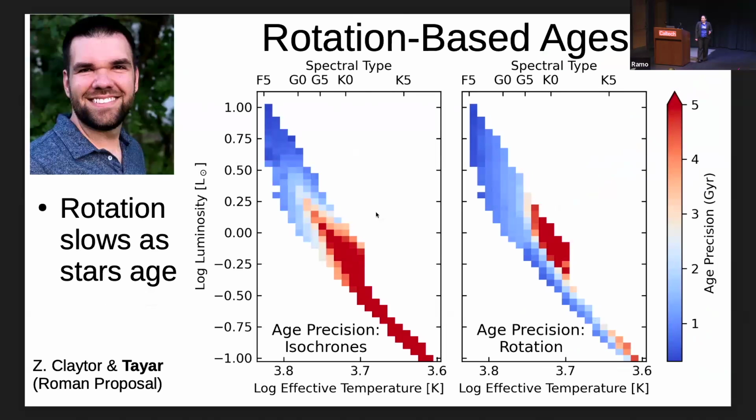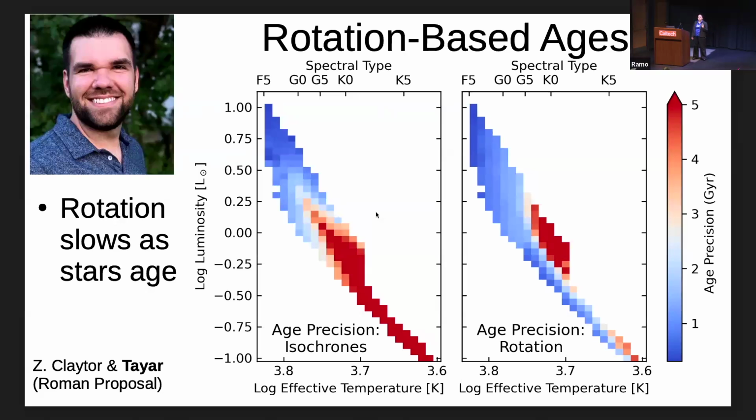Similarly, on the age side, there are also tricks you can play with the ages. We've heard a little bit about gyrochronology already and how stars slow down over time. It is possible to map out how precise your age is from these kind of isochrone-based methods versus how accurate your age is going to be from something like gyrochronology as a function of stellar luminosity and stellar effective temperature.